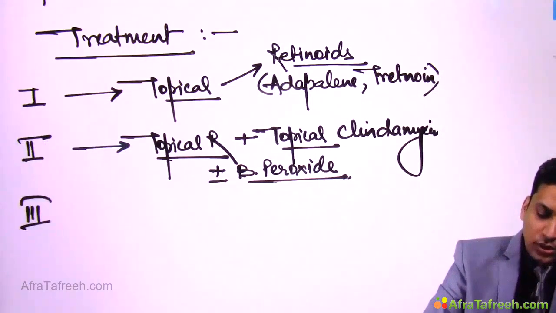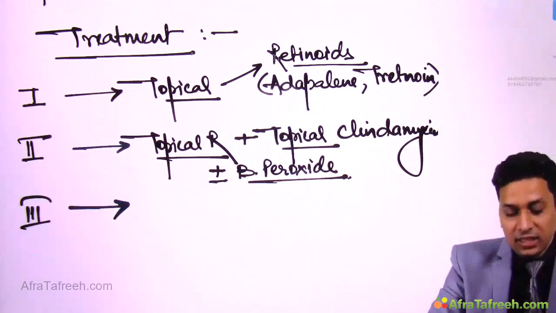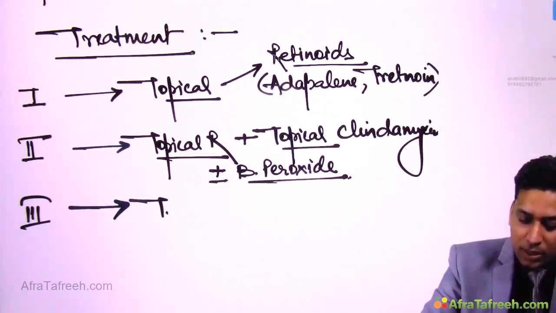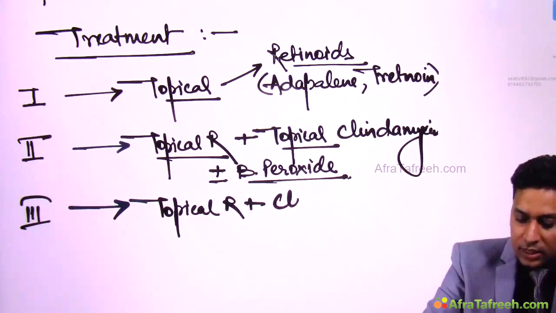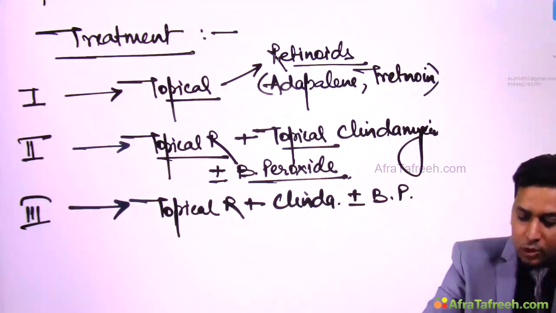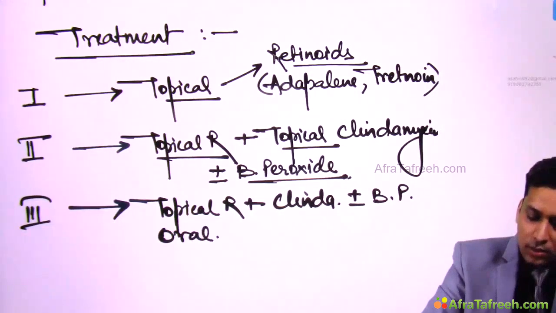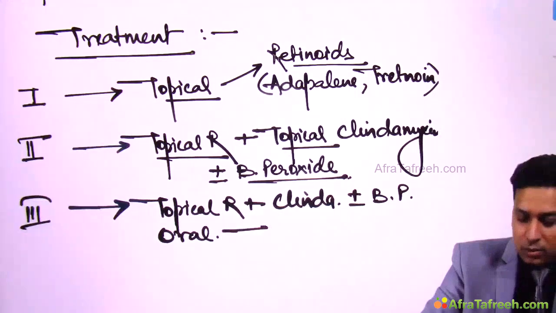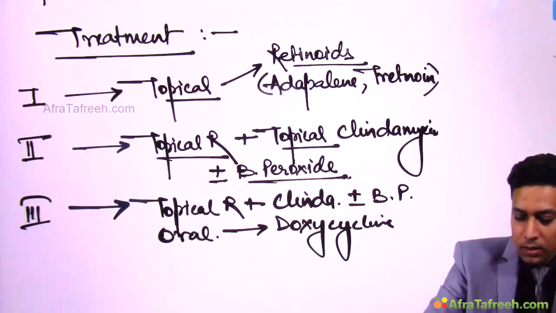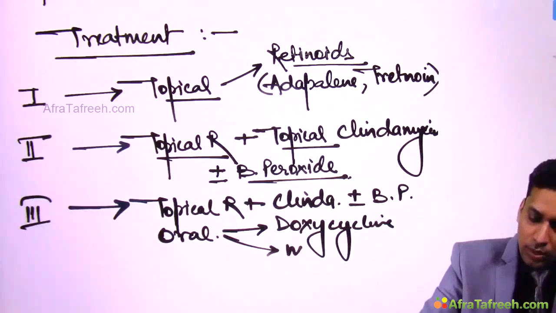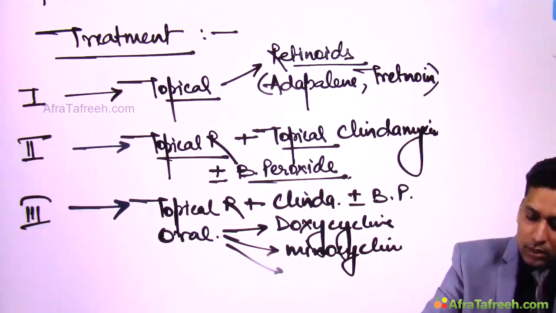If pustular lesions are the majority of the lesions, that is grade 3, then along with the topical retinoid and topical antibiotic, that is clindamycin and benzoyl peroxide, you need to add oral drugs as well, like oral antibiotics: oral doxycycline, oral minocycline, or azithromycin.